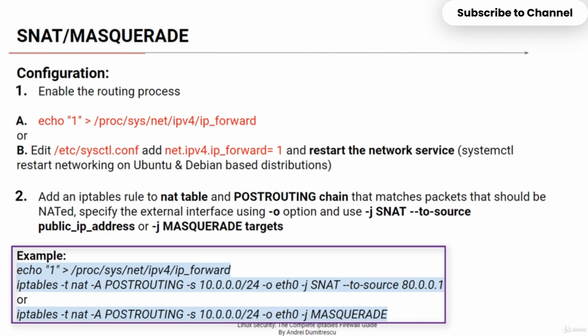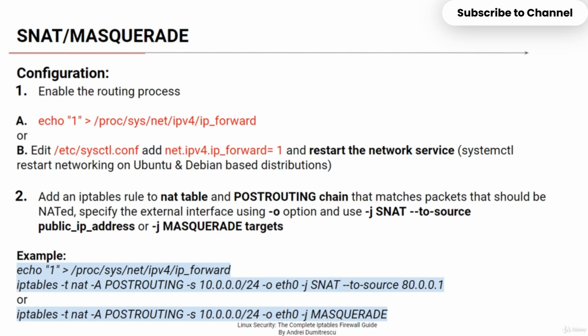Or instead of -j SNAT --to-source, we could simply use -j MASQUERADE, and Netfilter will automatically take and use the public IP address of the given interface. In this case, eth0.